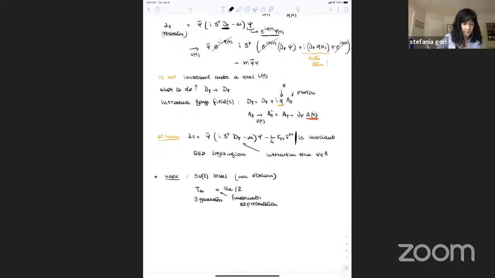And then we do the same thing, so we can check that the Lagrangian wouldn't be invariant under SU2 if you don't do anything, so you have to introduce a covariant derivative, defined as the partial derivative plus i g, and this again is my coupling constant, as we were discussing before for electromagnetism.